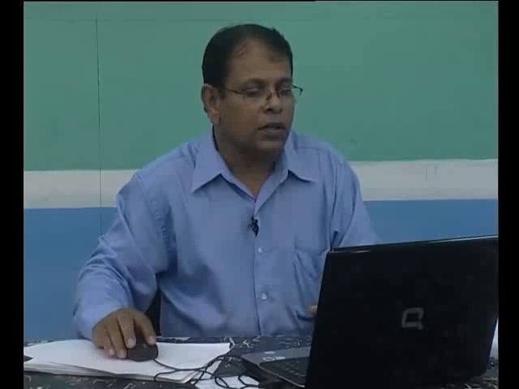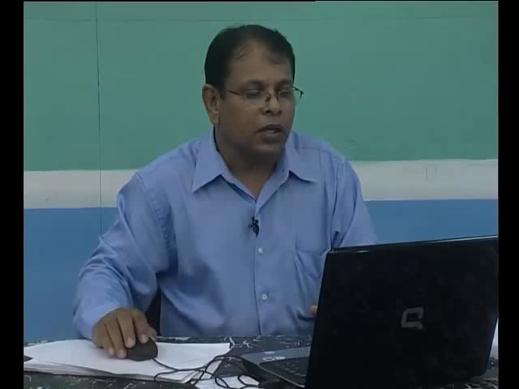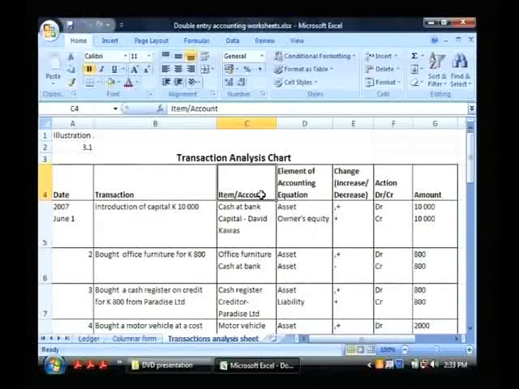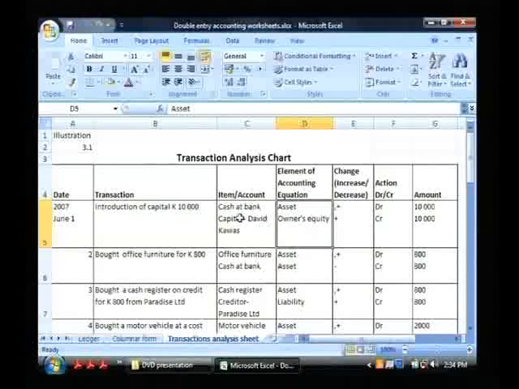So this is the transaction analysis chart. When you complete the first column, the item or account column, item means the item of the accounting equation, another term is the account. So identify the accounts involved and classify these accounts as assets, liabilities, owner's equity, revenue and expense, and write the correct element of the accounting equation in this column.